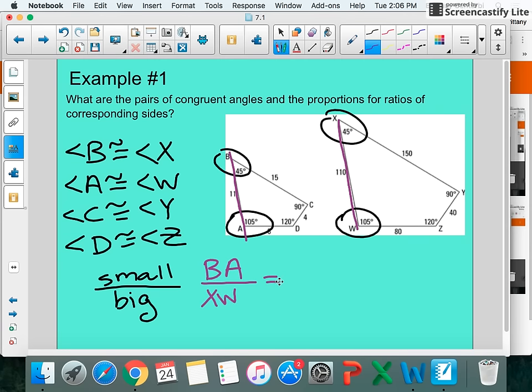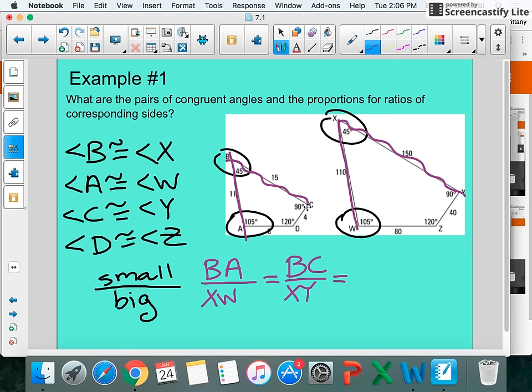That's going to equal, so these all have to be equal in order for it to be similar. Then I'm going to pick the next side, BC from the small one. Now I'm going to go to the big one, and I'm going to do XY. So it's got to be the same corresponding side.